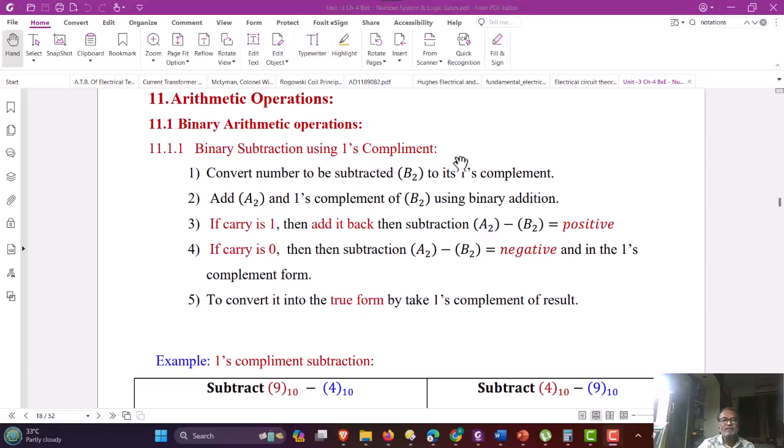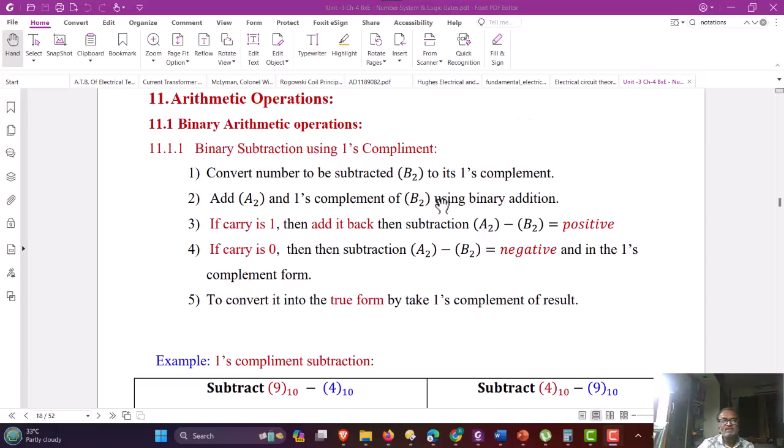Whereas the 1's complement and 2's complement of a number is a negative number itself. So adding the 1's complement or 2's complement of a number performs the subtraction of the two numbers. So 1's complement can convert the subtraction to addition of the 1's complement of the number.